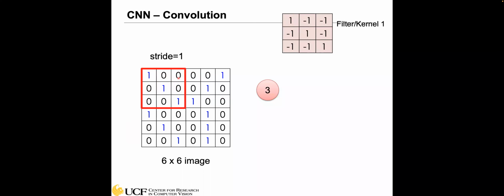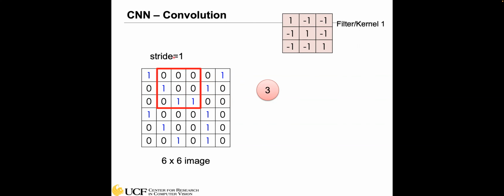There are a couple of 0s there, and we don't have to worry about those because multiplying with 0 gives 0. When you do this element-wise multiplication and sum them together, you get an output value, which is 3. You can think of this as a dot product if you vectorize them.